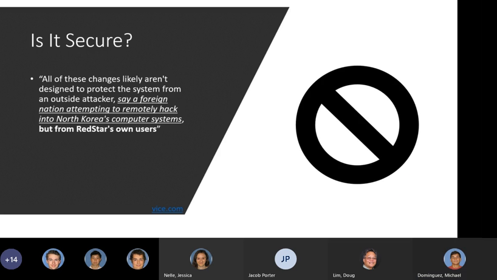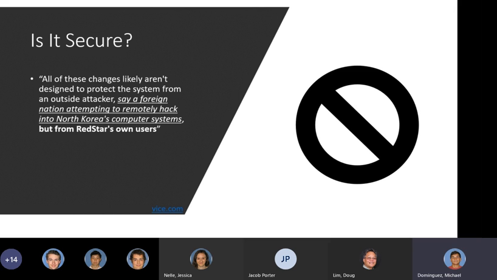So, is it secure? From Vice.com, I found that they were saying all of these changes aren't likely designed to protect the system from outside hackers, say a foreign nation attempting to remotely hack into North Korea's computer system, but are for the Red Star's own users. So it's not meant for outside hackers necessarily.